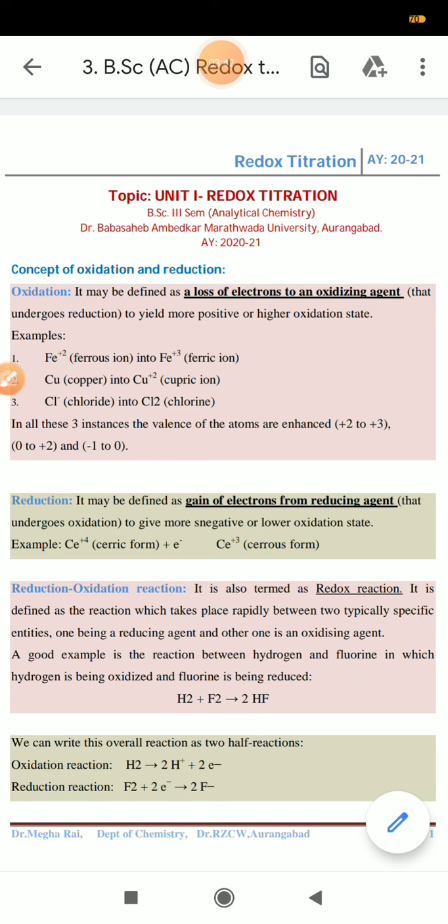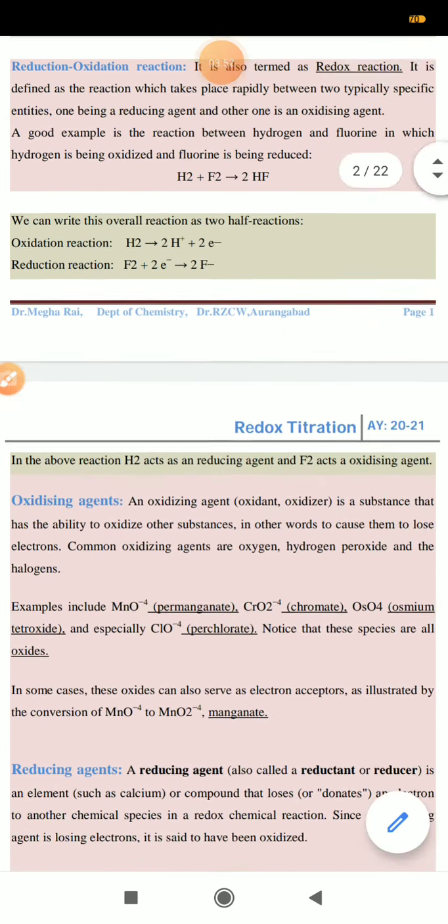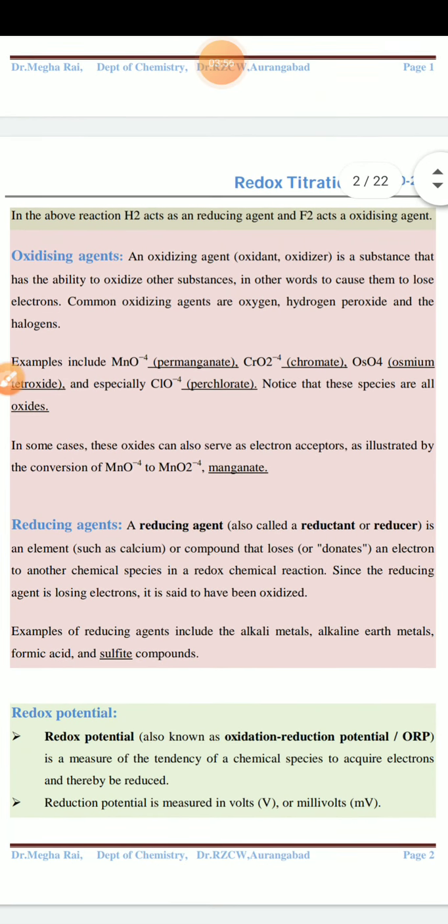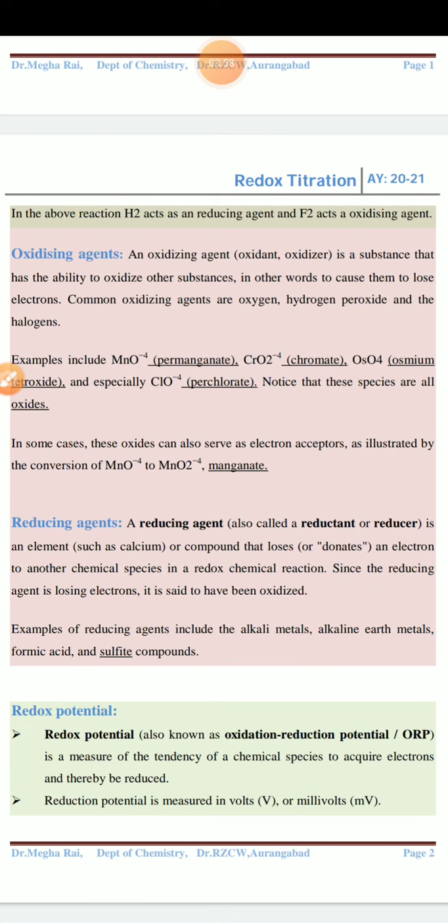See the second one. In the above reaction, H2 acts as the reducing agent whereas F2 acts as the oxidizing agent.